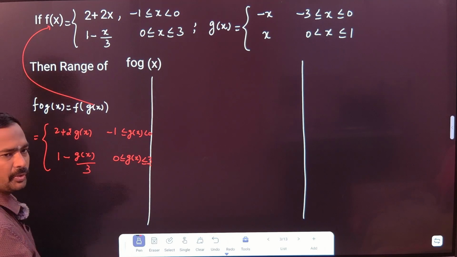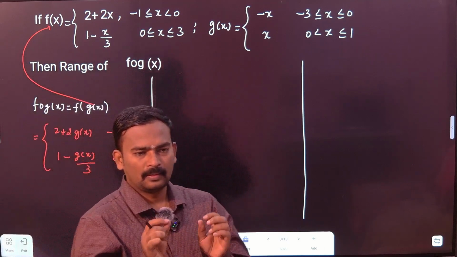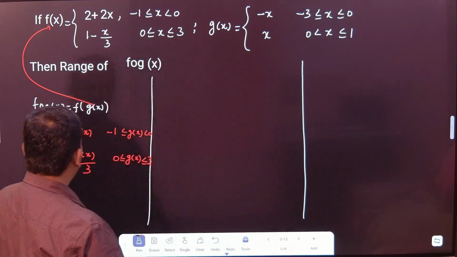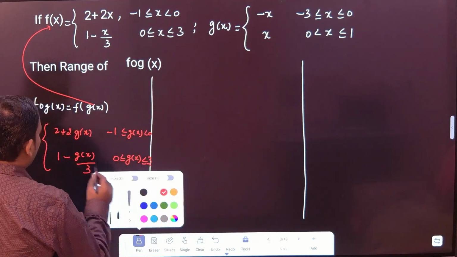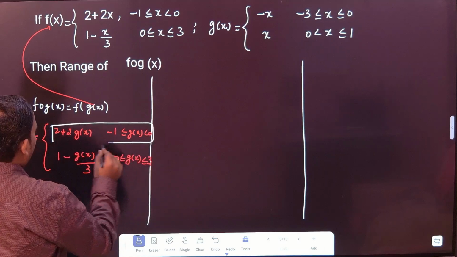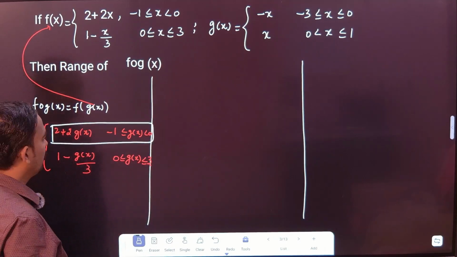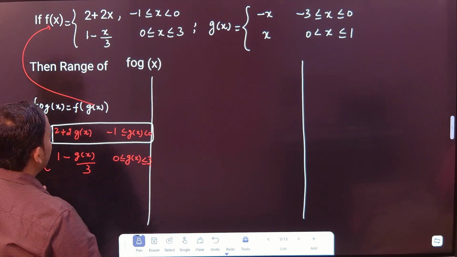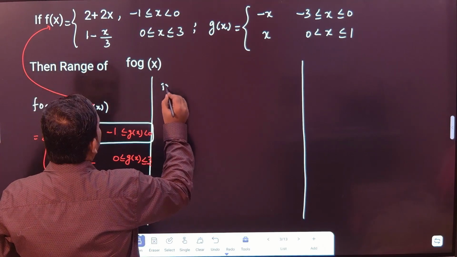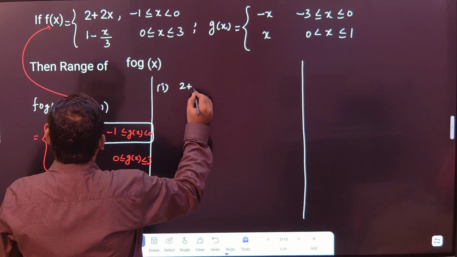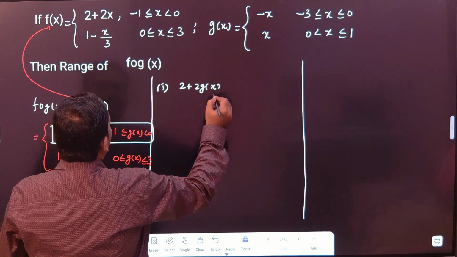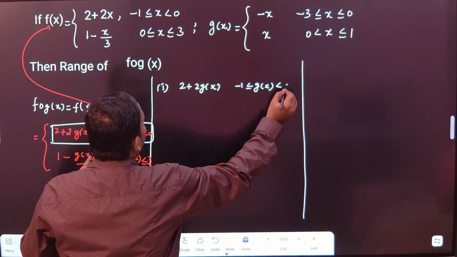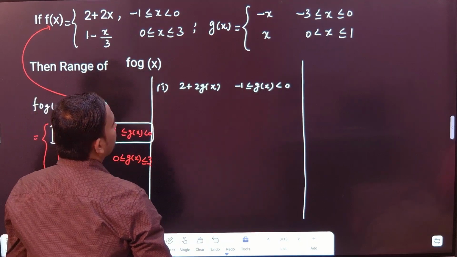Now you can fix the first function and apply g of x into it. First the first piece: 2 plus 2 times g of x, for minus 1 less than or equal to g of x less than 0. What is g of x here?